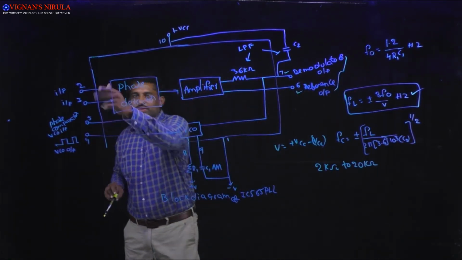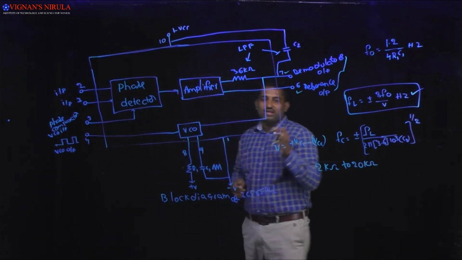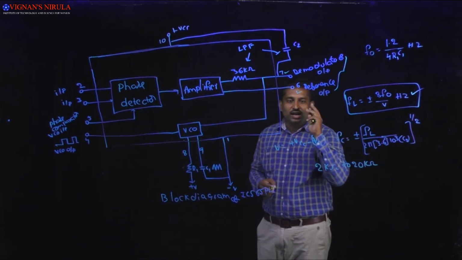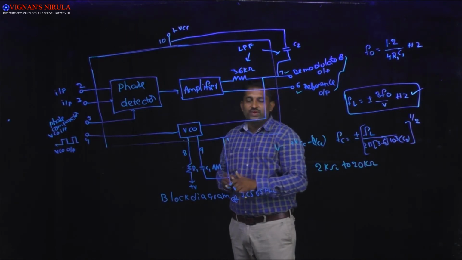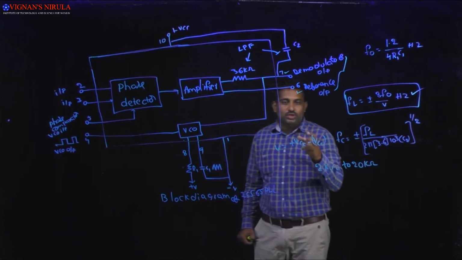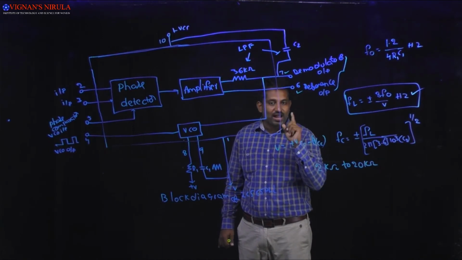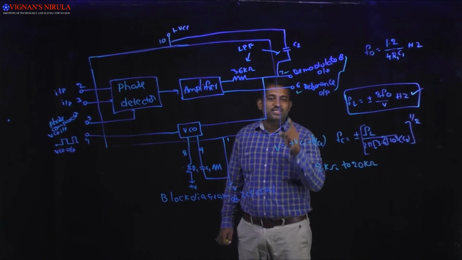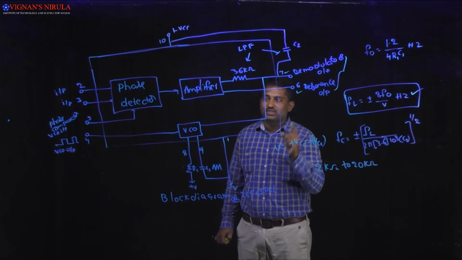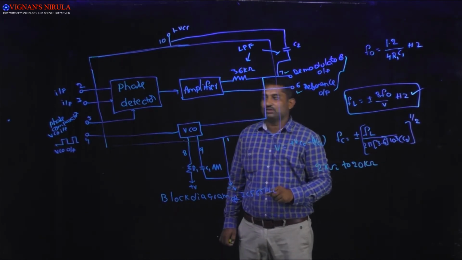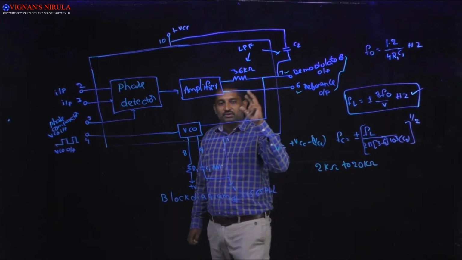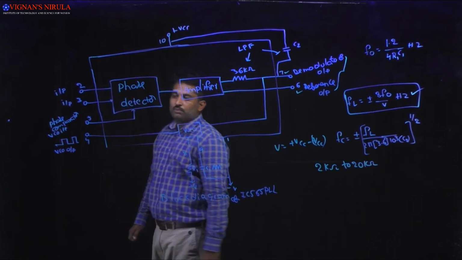And now coming to the phase detector, here if you are observing, we are applying 3 inputs to the phase detector, and the input at pin number 2 and the input at pin number 3 are directly coupled, provided there is no DC voltage difference between the 2 input signals. Then only can we directly couple those 2 inputs.